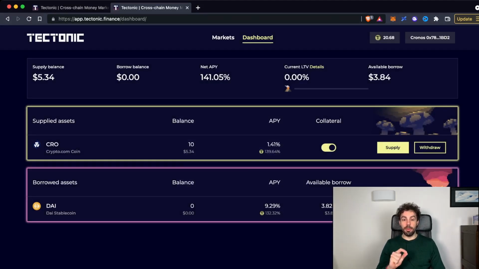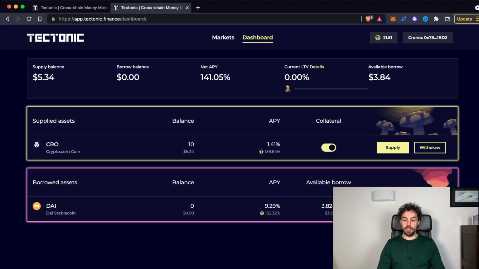As you can see, there is a little problem because the borrow asset is still on. The main reason is probably that some leftovers are still in the contract, so we can't just take out this collateral. But what we can do is withdraw the amount that is not needed to support the really small amount that is inside the borrow asset.